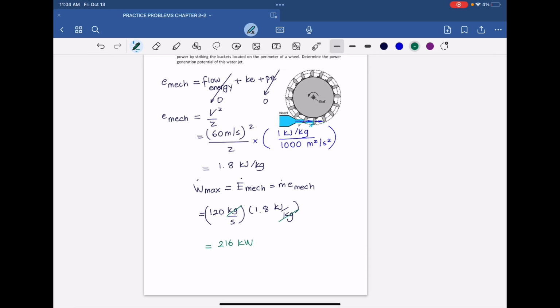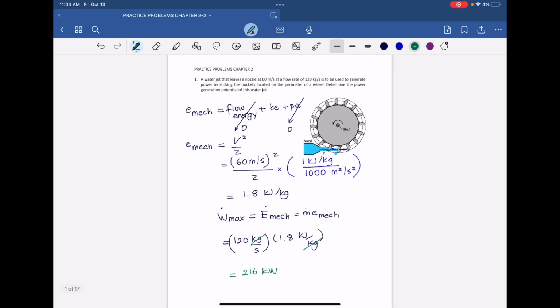Basically, in this situation, the kinetic energy of that water jet can be converted to work completely, and in other words, the power of that fluid is determining the maximum power that can be generated, and that is rotating the shaft, and it is 216 kilowatts.